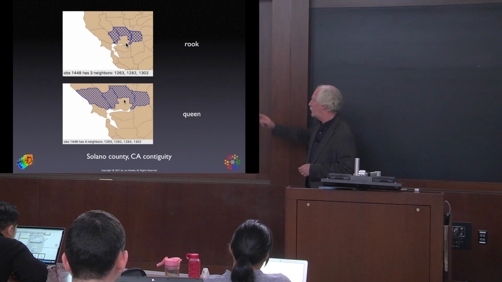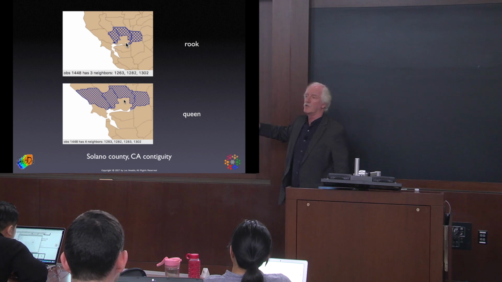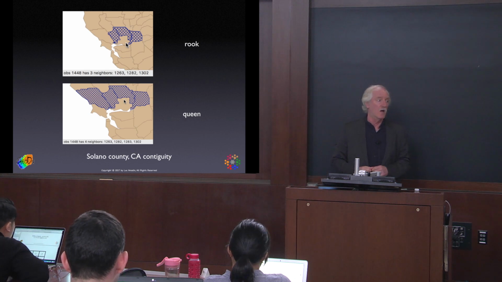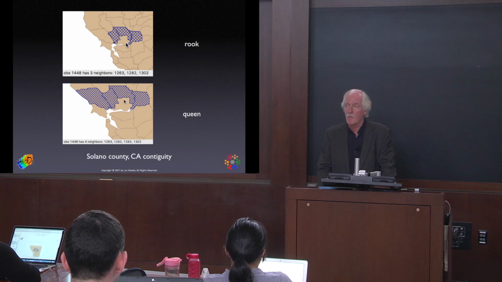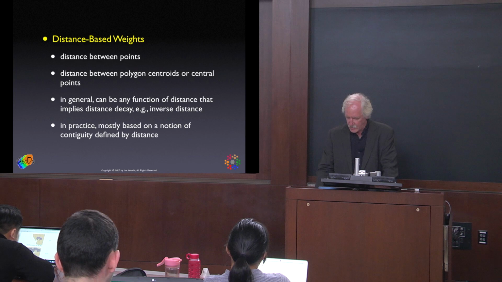And you see at the bottom map, this unit that kind of has a wedge and touches at the very corner is included as a neighbor. The top part, we only look at the common actual borders. It is not. And these cases are not that common, but they do occur, and it can matter. You know, it's not an absolute thing.